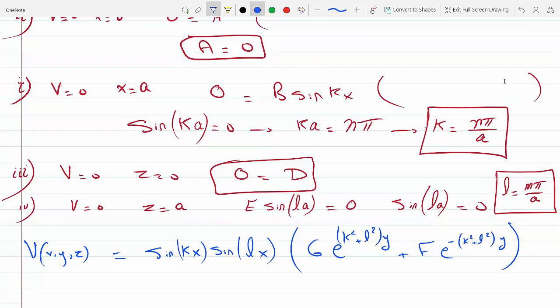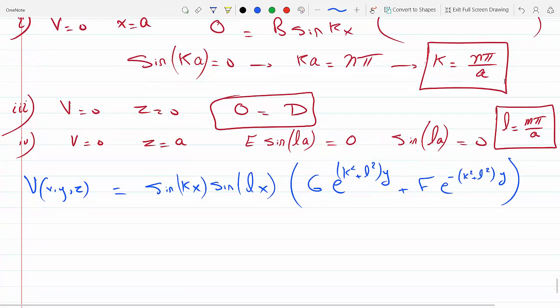Now keep in mind we've determined those k and l, but I just didn't write them so I don't clutter the math here.